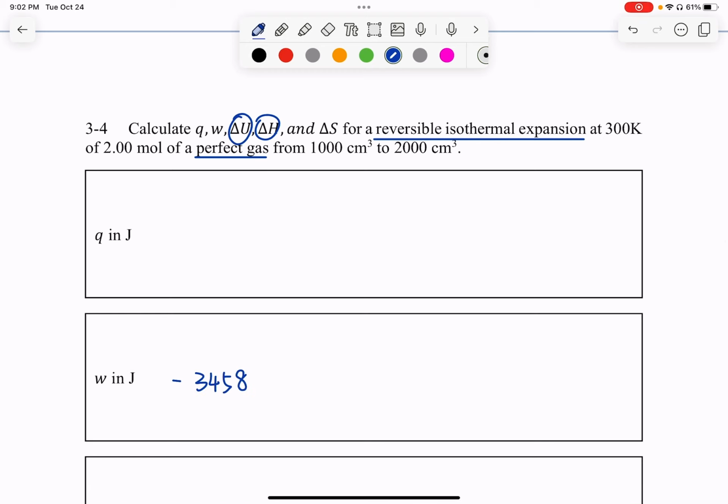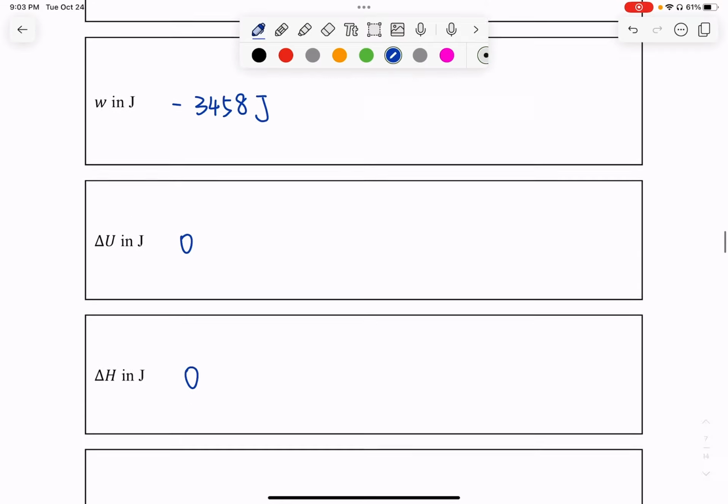Right? So in this expansion process, your system is doing 3,458 joule of work on its surroundings. And in the process, because of the first law of thermodynamics, we have Q plus W equals delta U equals 0. So your Q must equal 3458 joule, while your system is absorbing heat from the surroundings.